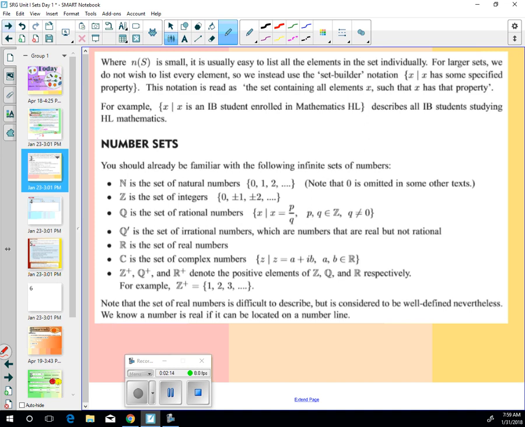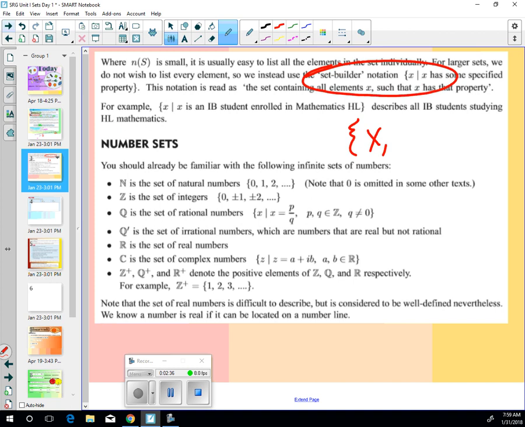Then for number sets, we'll look at the set notation first. If you're defining X, you say the set of all X such that, and then you define what X is. X is greater than 2, if that's what your set is. If you have an X and a Y, you need to define both.